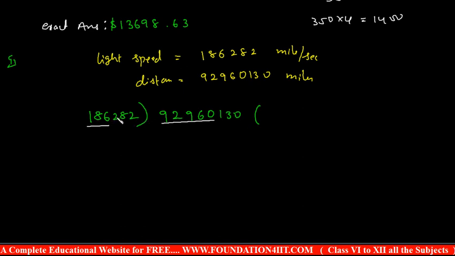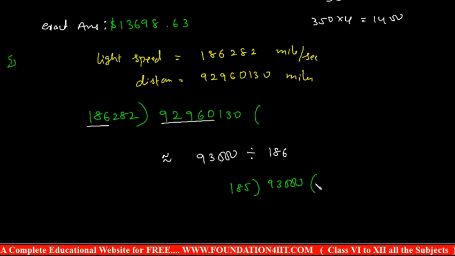Remaining numbers you can guess. This is 92,960, which is approximately 93,000. We will divide this by only 186.